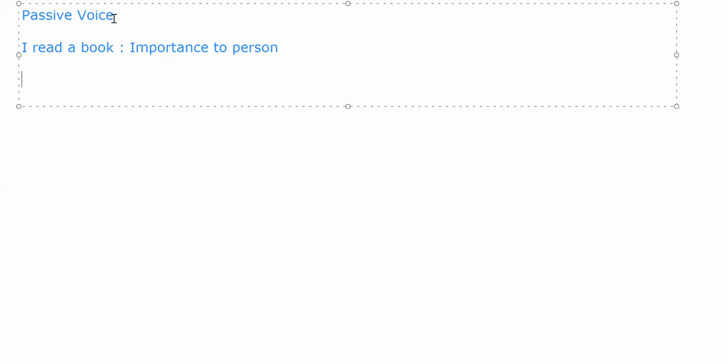However, when we talk about passive voice, the importance is given to the object. So, book is read by me. Here I have shifted the importance to the book, the object, thinking that the object is more important than the person.